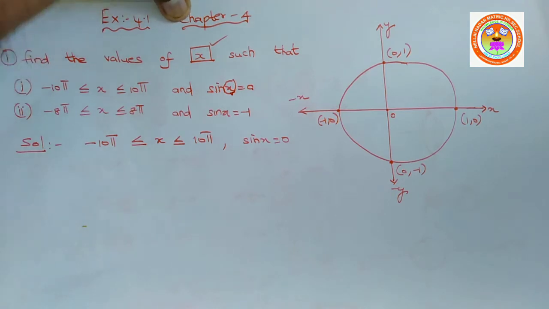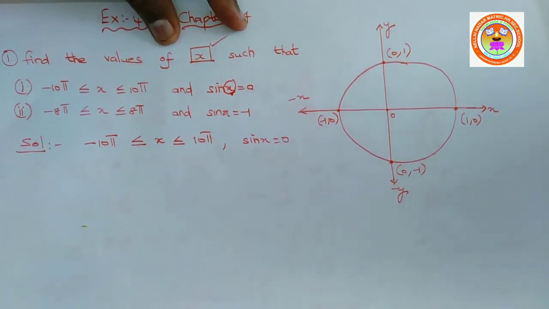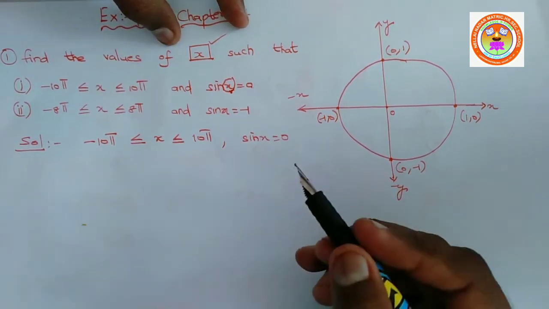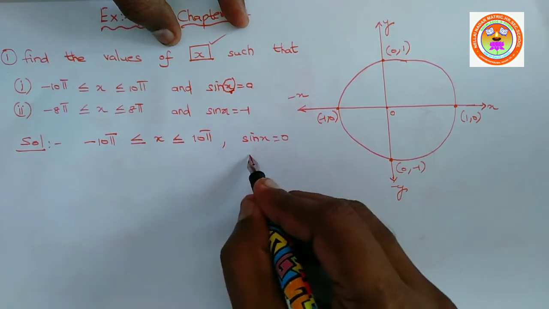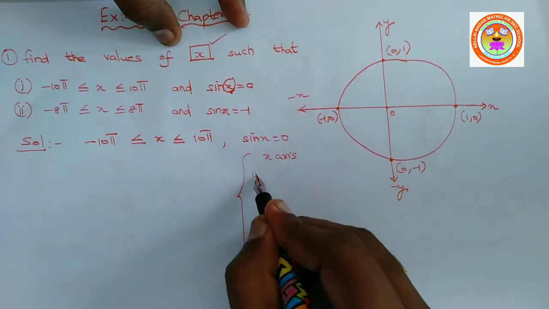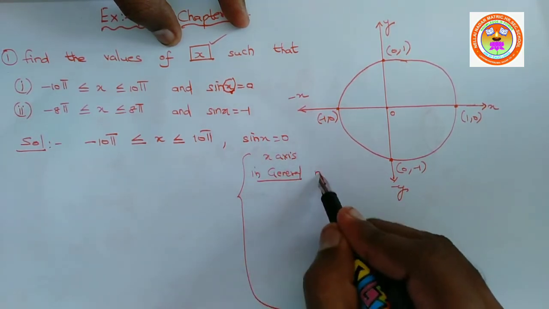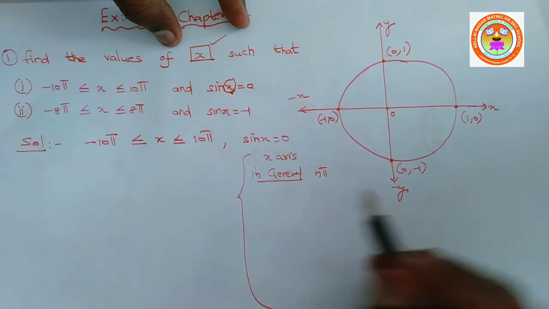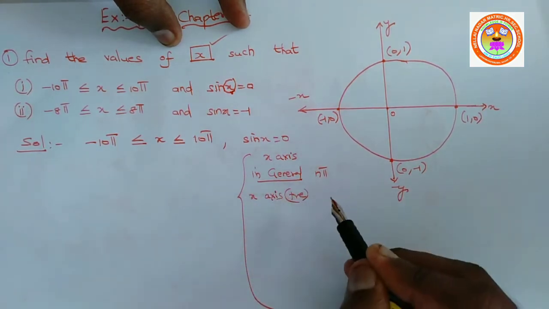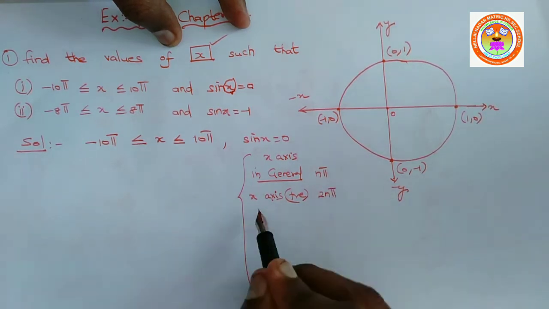Before we enter the sum, we saw one introduction part, that is the x-axis and y-axis in general. So we are going to see the same. The x-axis in general is nothing but n pi. You remember, I think. X-axis positive is nothing but 2n pi.